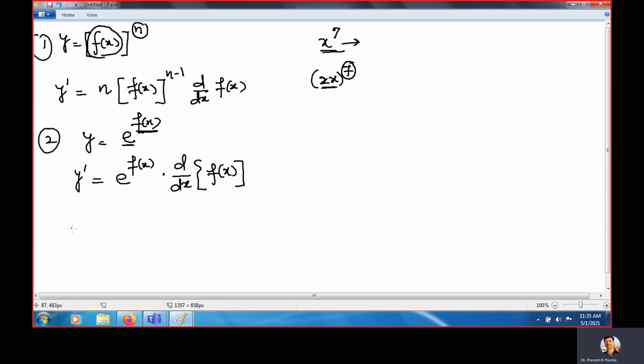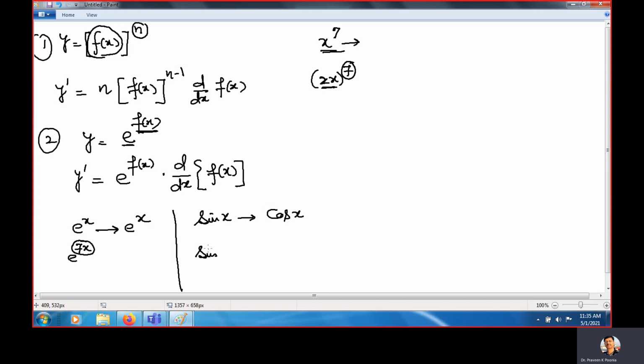So how will you identify these types of questions? If e power x is written, the differential is e power x. But if e power 7x is written, this is a different question, because in place of x it is written 7x. Clear? Now another question I will tell you. If sine x is written, the differential of sine x is cosine x.